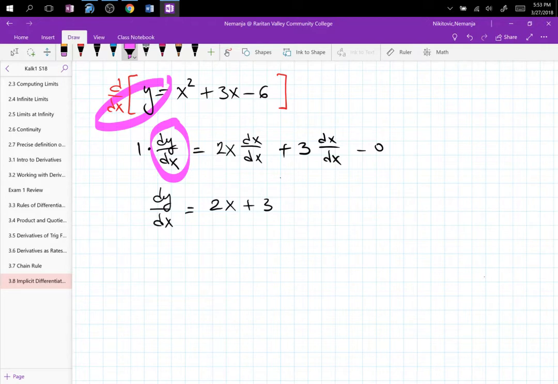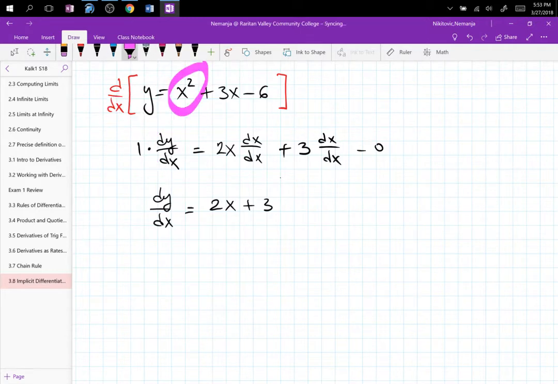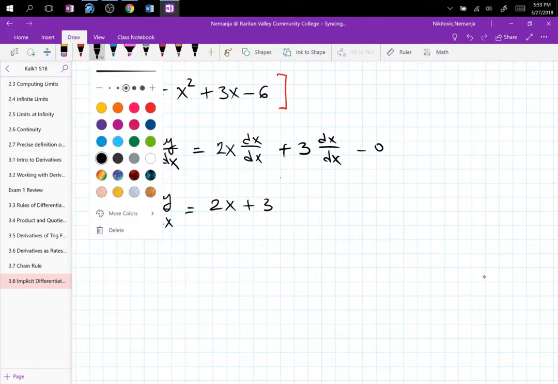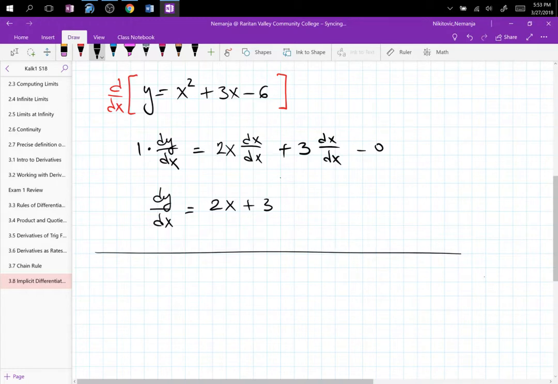And when you are taking the derivative using the same variables, then the chain rule is dx over dx, which means it cancels, so we don't have to worry about the chain rule in that case. So let's take the derivative now of a circle.